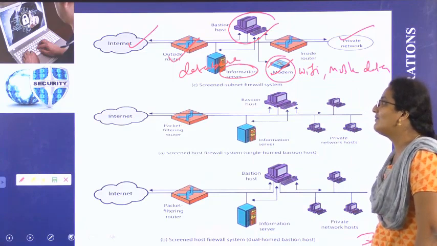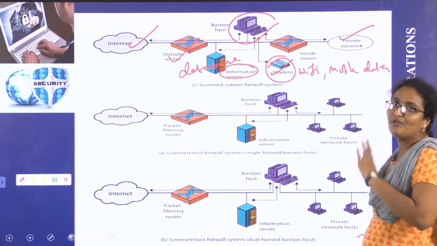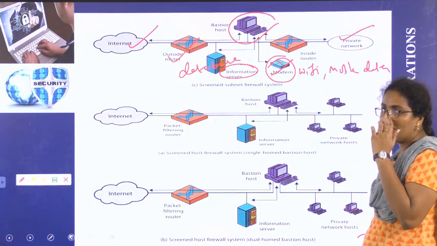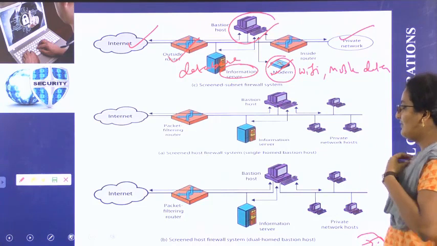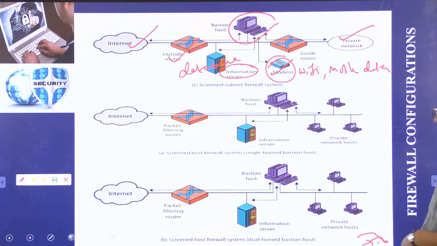So what is happening in first type? Screened subnet firewall. We are not talking about any types of firewalls. Just simply we have one network which is base station.